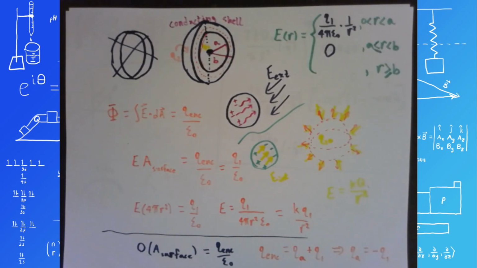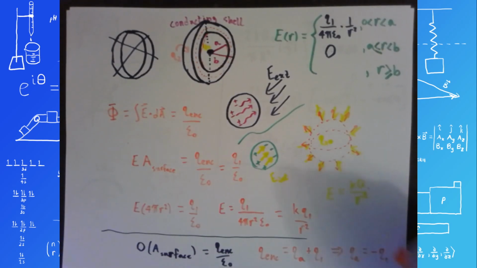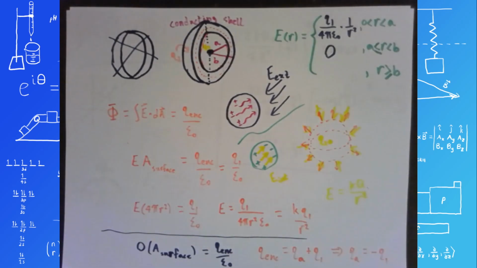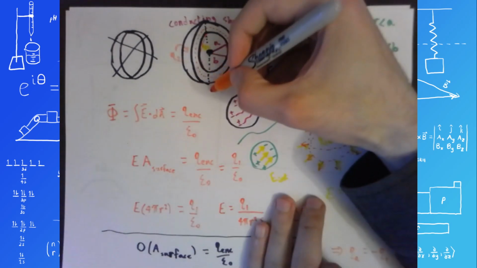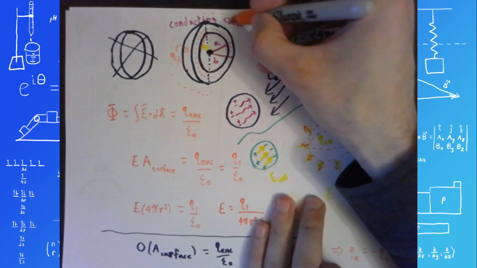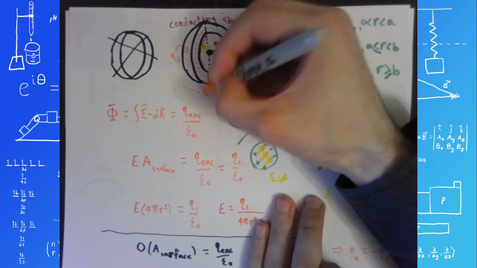All right, and that takes care of that. We're going to need this result in a minute. Next up, I want to do a Gaussian sphere of radius greater than b. So basically, I want to draw a sphere that encloses this entire system.